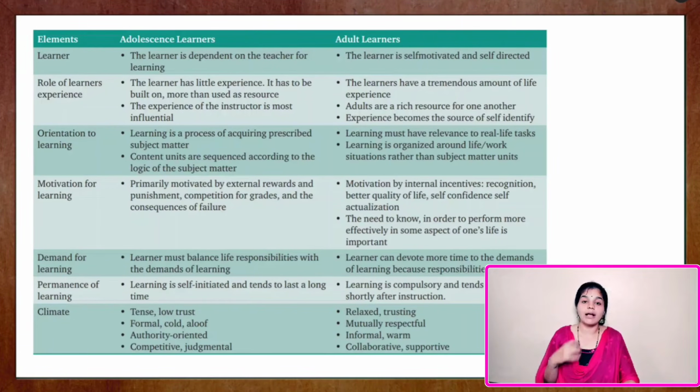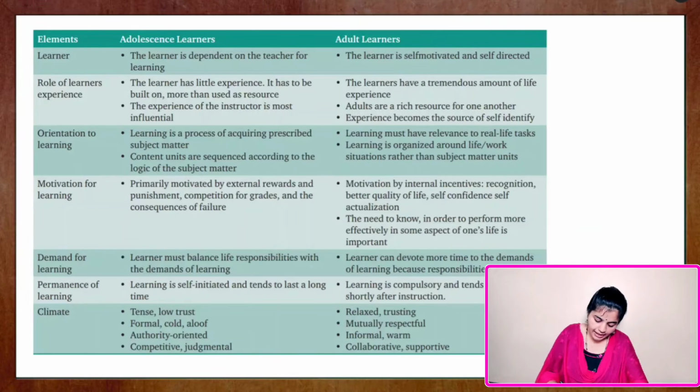Now here let's have a comparative study between the characteristics of adolescent learners and adult learners. Adolescent learners are dependent on the teacher for their learning process, whereas adult learners are self-motivated and self-directed towards the learning process.